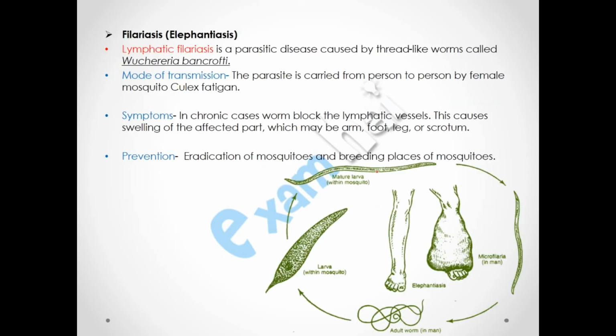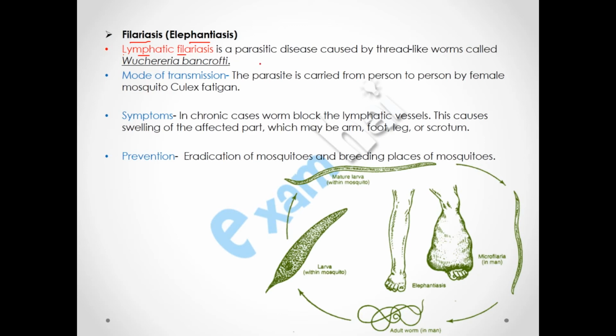Okay, now we will discuss filariasis. So filariasis is also called elephantiasis. Why it is called elephantiasis, I will discuss later. Filariasis is also called lymphatic filariasis because of the worm.